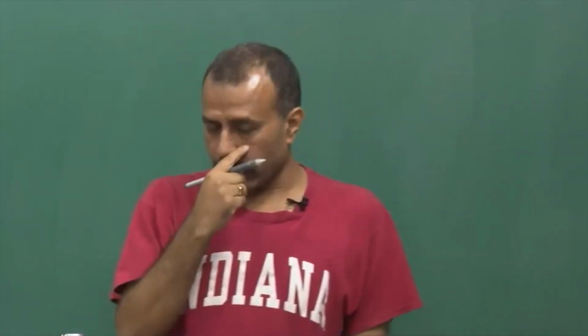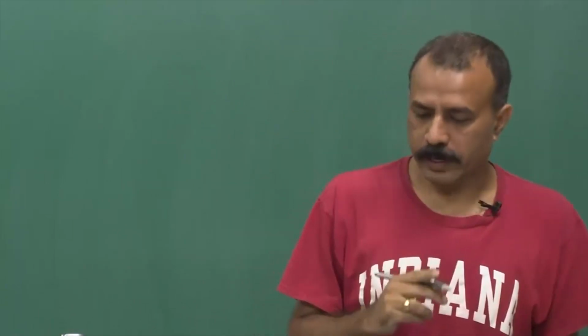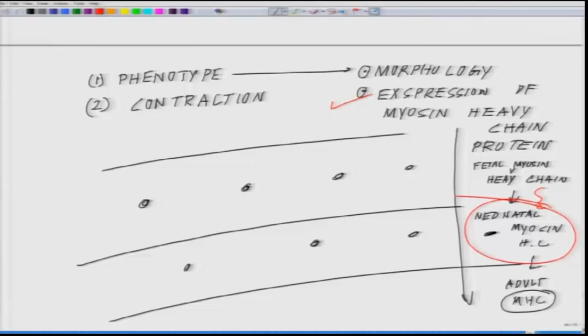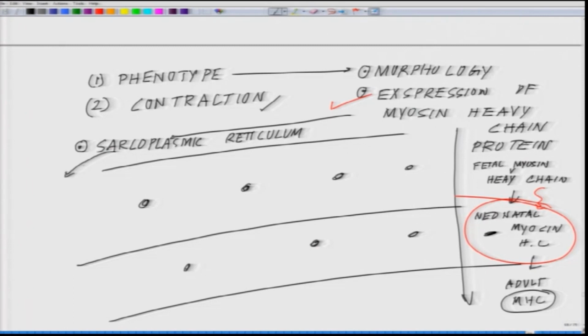Second thing, once the myosin heavy chain expression we have talked about, of course, this is a physical parameter that you will be seeing, contraction. But then this brings us to the third phenotypic difference: are we expressing the sarcoplasmic reticulum, that it is well formed, and that you can only prove by seeing the ryanodine receptor as well as DHPR receptors.